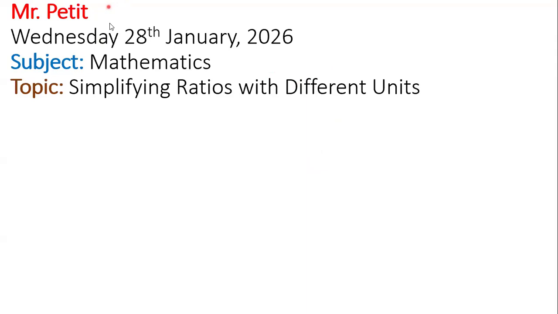So there are 3 ways that we can write a ratio. We could say 3 to 4 using a colon. Or we could write it as a fraction, 3 over 4, that is the fraction way of writing a ratio.